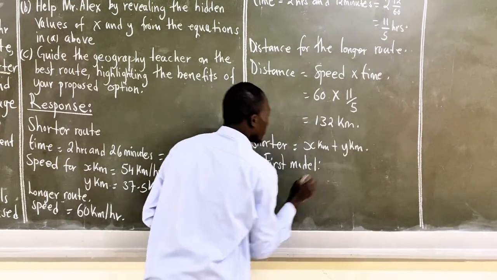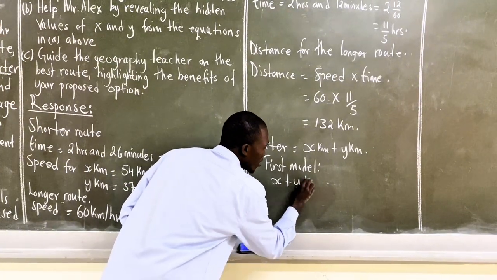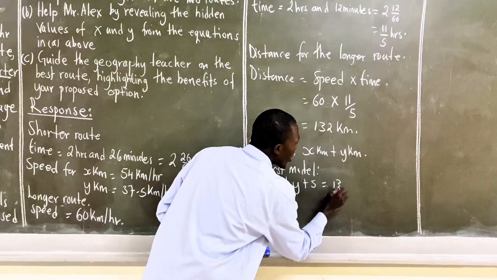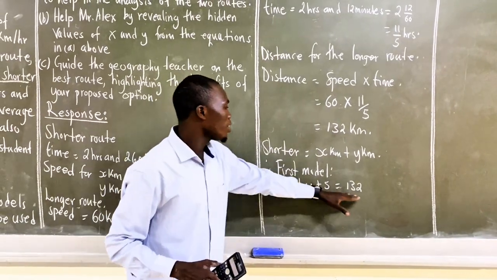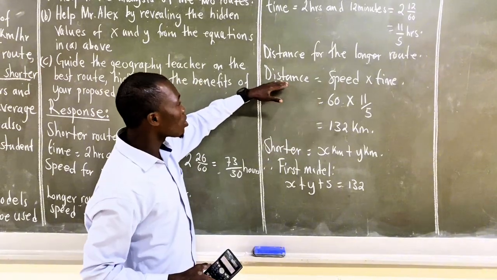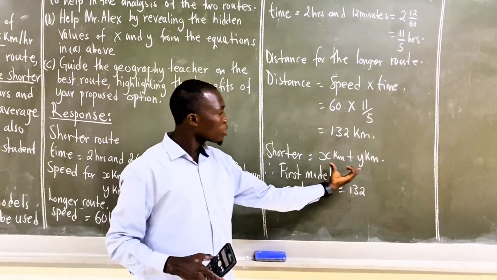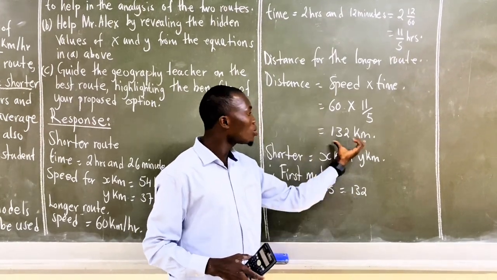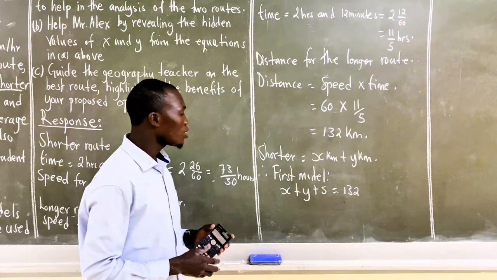So from that, our first model will be, we have now x plus y plus 5 kilometers is equal to 132. Because the whole of this gives us the total distance of the longer route. That's why from the shorter route, if I add 5, I'm now able to equate it to this distance that we have found, which is 132.